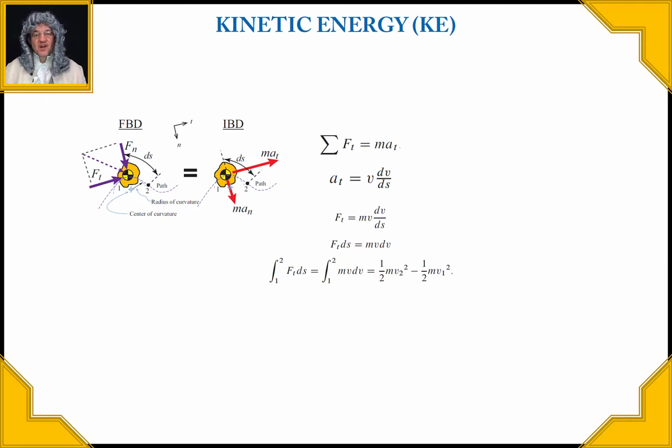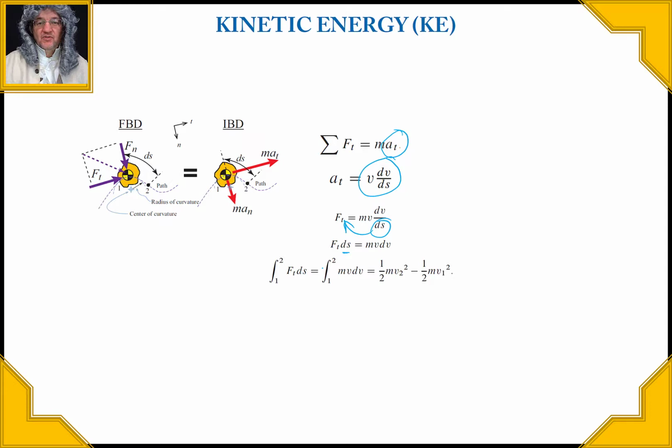If we take this acceleration and turn it into velocity times dv ds in the tangential direction, we find that we have mass times velocity times dv ds. We could bring that ds over onto the other side, so that's the delta amount of distance that is moved.